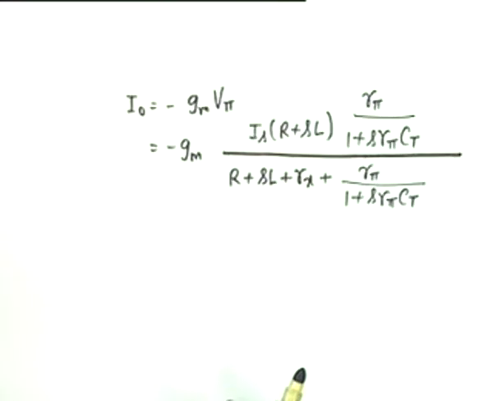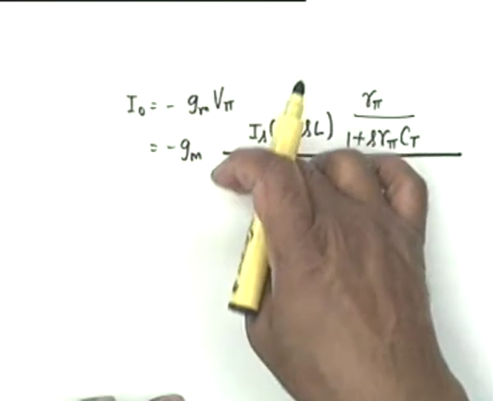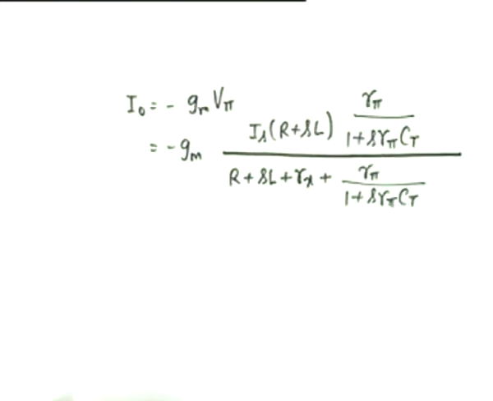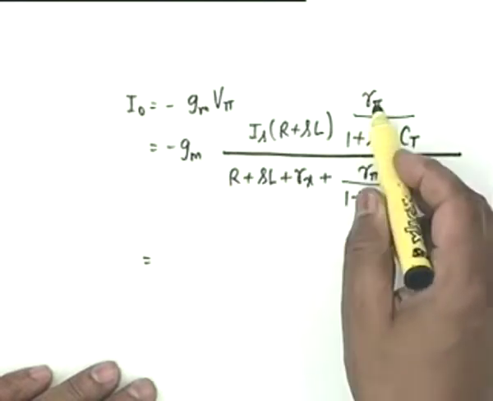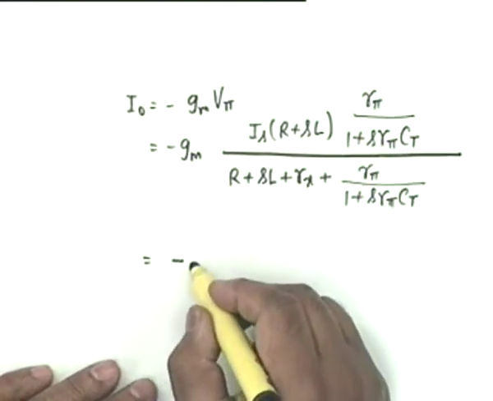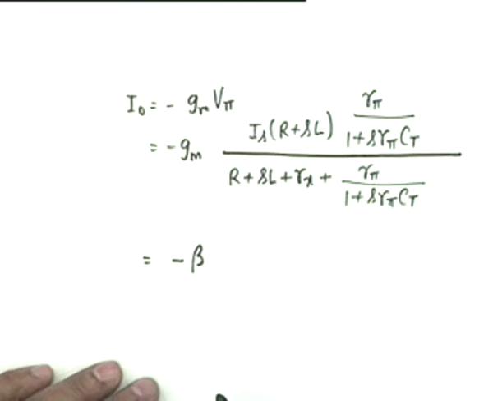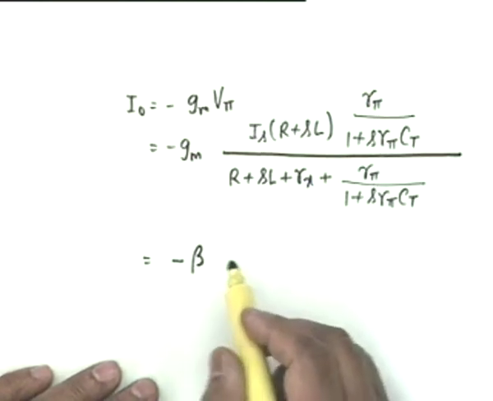Have I written down correctly? I found out the current first, then multiply by the impedance. That's right. So, as you can see, gm and R pi combine to make minus beta.